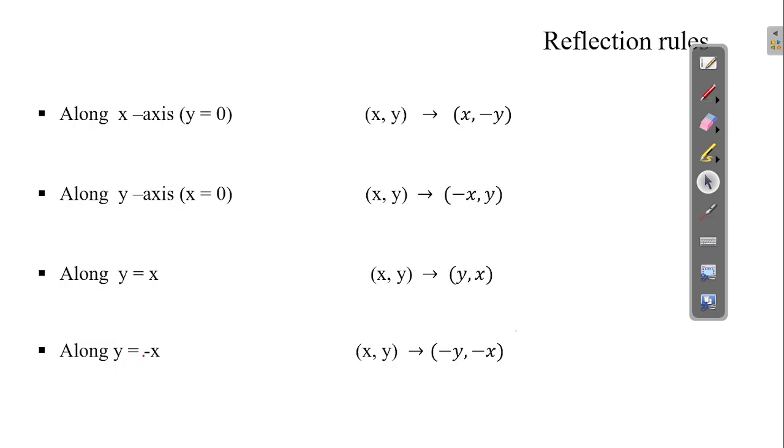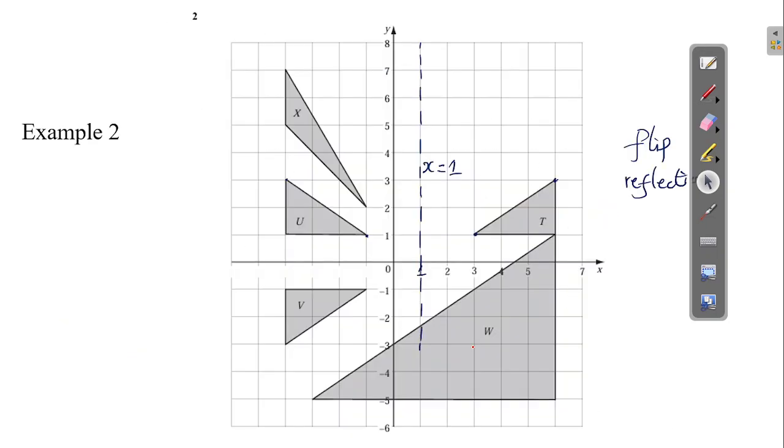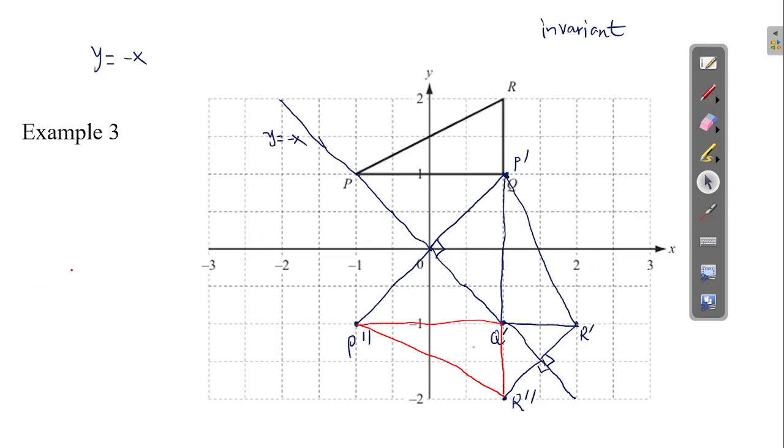For the last one, reflection along y equal to -x, this is what happens. You simply switch the coordinates and attach a negative sign to both. Now let's see how it happens. Don't forget, I'm trying to reflect, what?